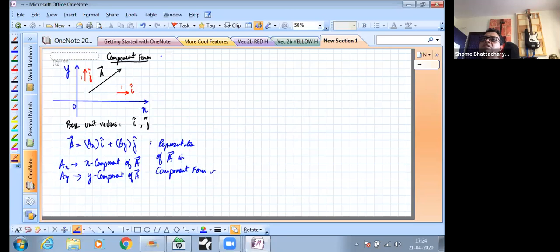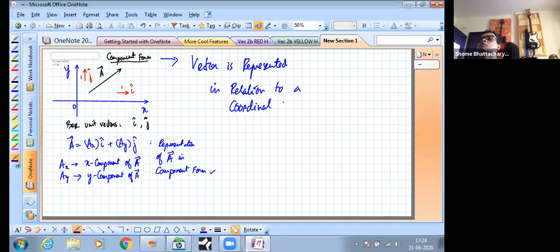So in component form, remember, the vector is represented in relation to, or with respect to, a coordinate frame. You represent the vector with relation to this system of x and y axes.